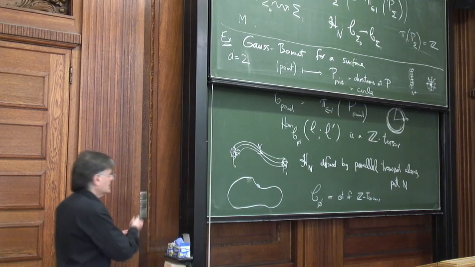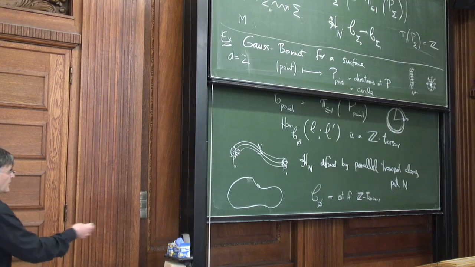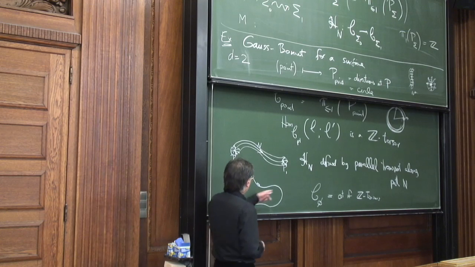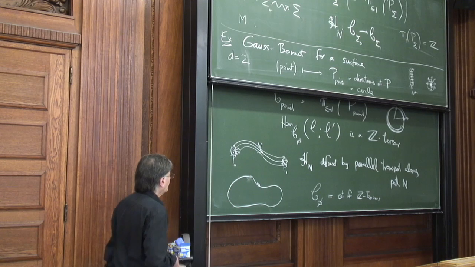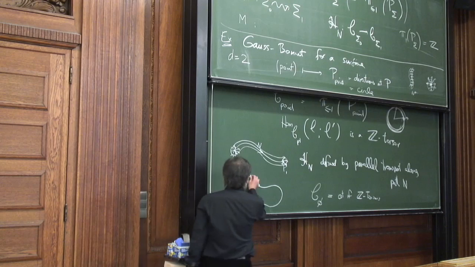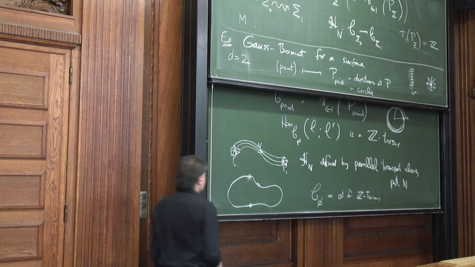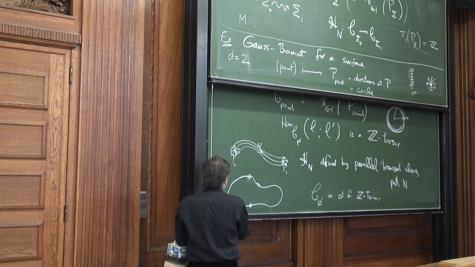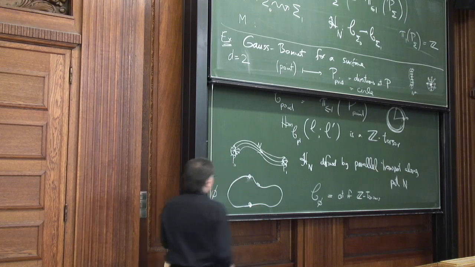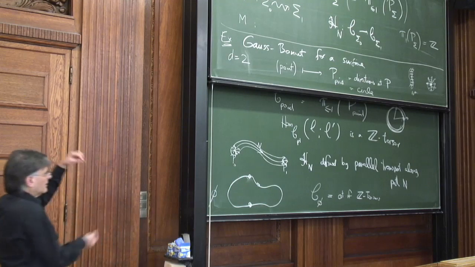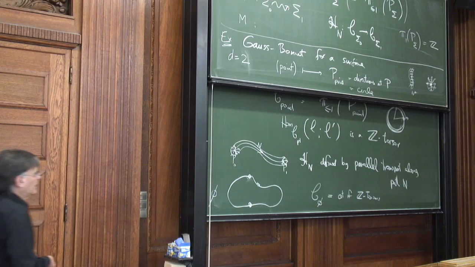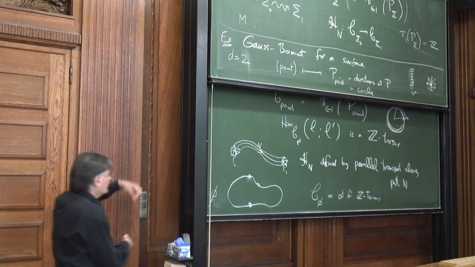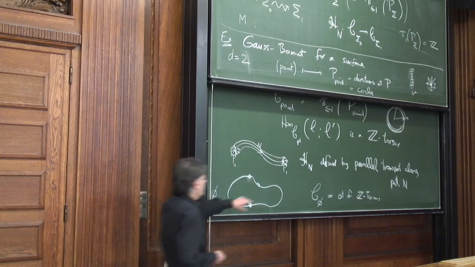An object just is a set with a Z action, and we consider equivariant maps from one to the other. So how do we associate such a thing to a closed surface N? Well, we can cut it in 2 points like this, and think of it as a composite of something going from the empty set to these 2 points, and the torsor will be the fundamental group of the tensor of those 2 torsors, and it will go to here.